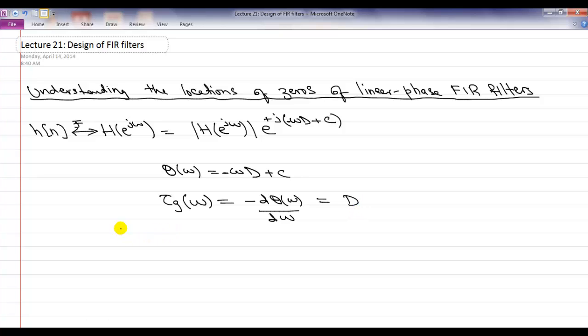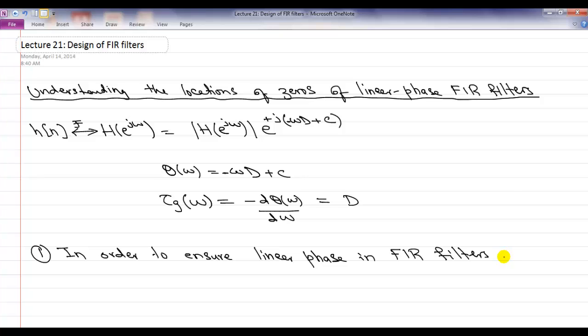So the question is, what are the requirements if you want a linear phase or a constant group delay like this? Here is the first condition. In order to ensure linear phase in FIR filters, we must have the following condition.